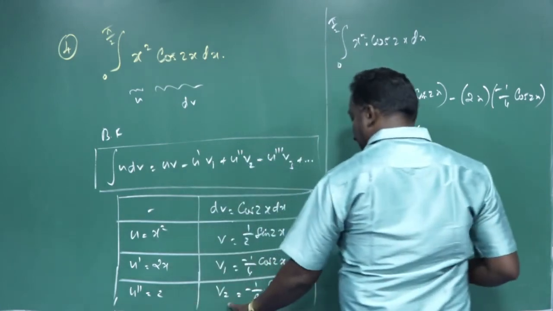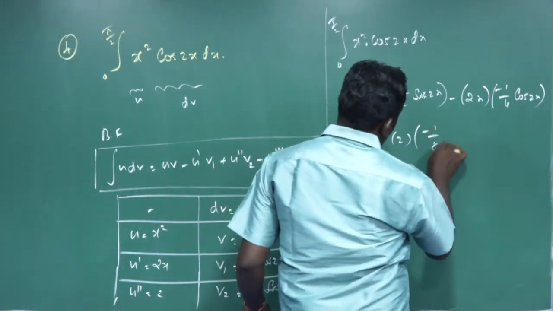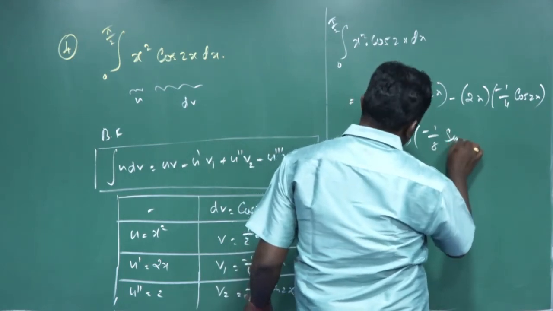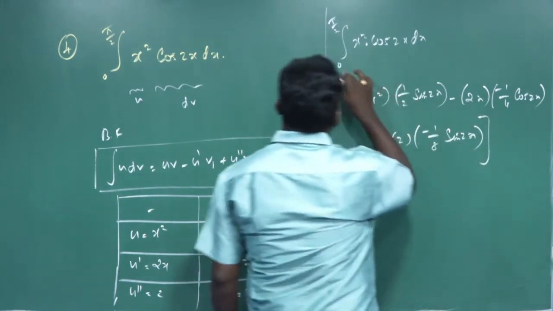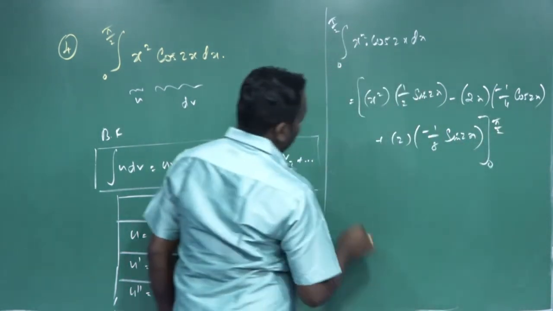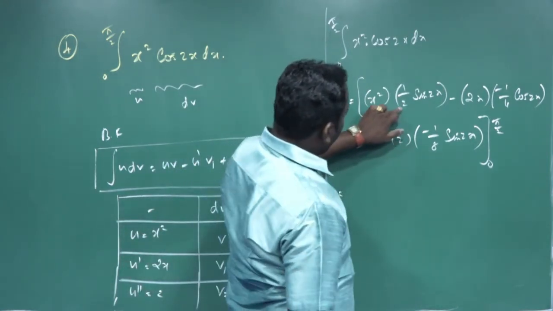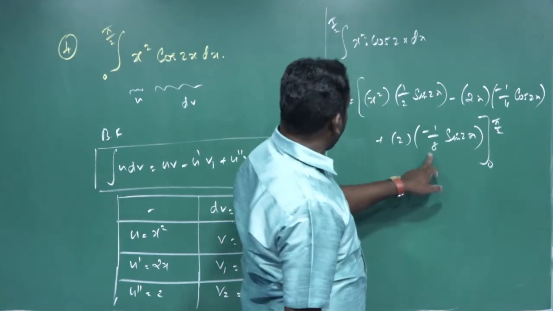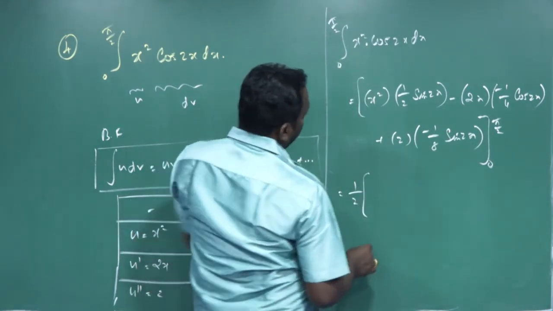Then v2 is equal to minus 1 by 8 into sin 2x, and the limits are 0 to pi by 2. Now that is equal to, 1 by 2 is common to all the terms.